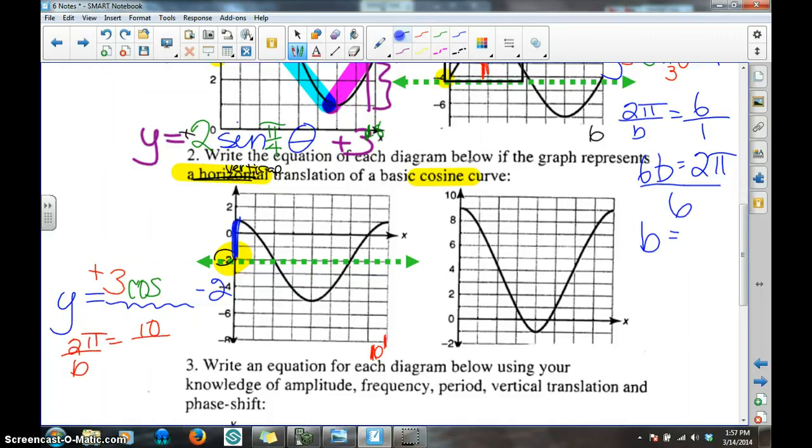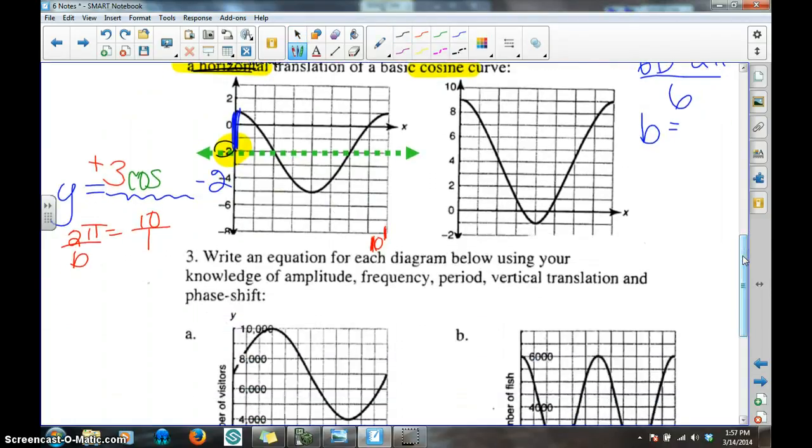My width is to how many graphs I see as the second part of that proportion. I went with a width of 10, and in that width I'm seeing one full graph. When I name that horizontal axis with a width of 10, I end up getting 2 pi is 10b, or pi over 5 is b.